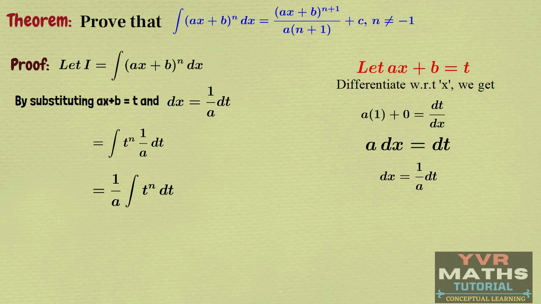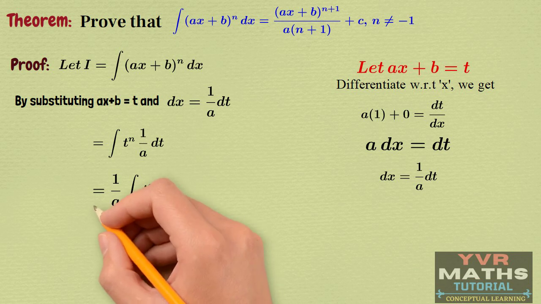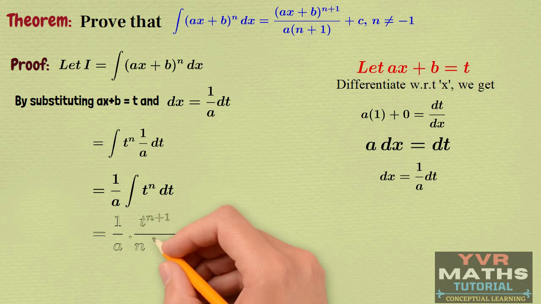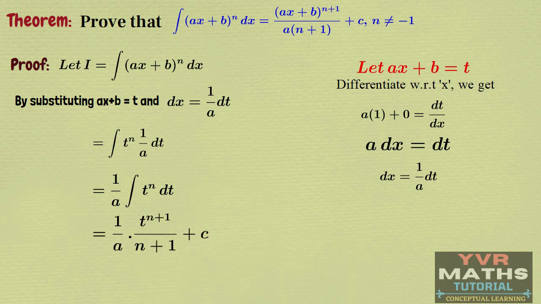So integral t power n dt is nothing but the integral x power n dx form. We already know the integration of x power n dx is x power n plus 1 by n plus 1 plus c. So by using that standard formula, the next step is 1 by a into t power n plus 1 by n plus 1 plus c.